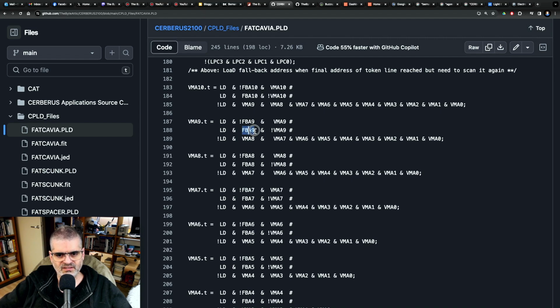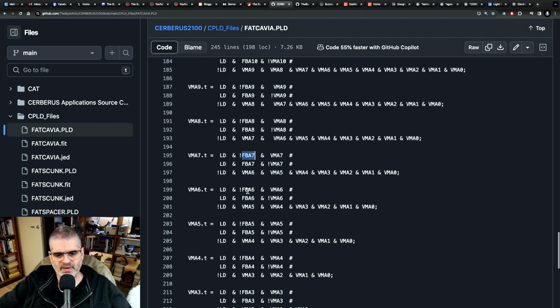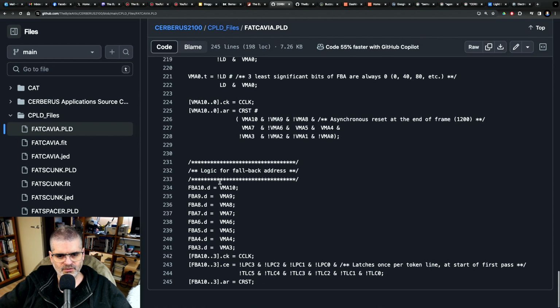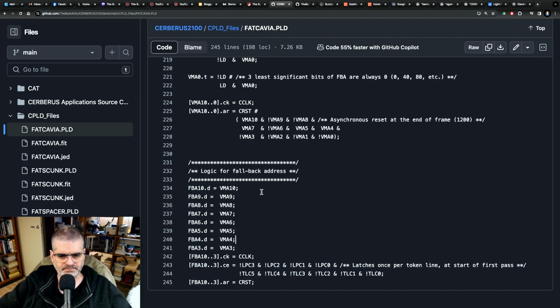It's these lines here, fallback address. You see them in every term. Fallback address 10, fallback address 9, fallback address 8, 7, and so on and so forth. So where is the logic that determines what the fallback address is? It's right here, which is the last part of caveat.